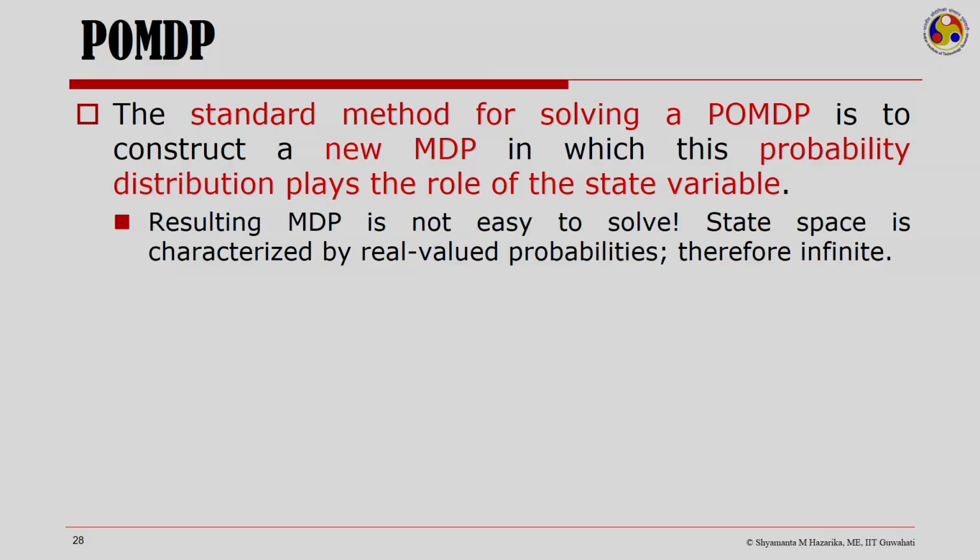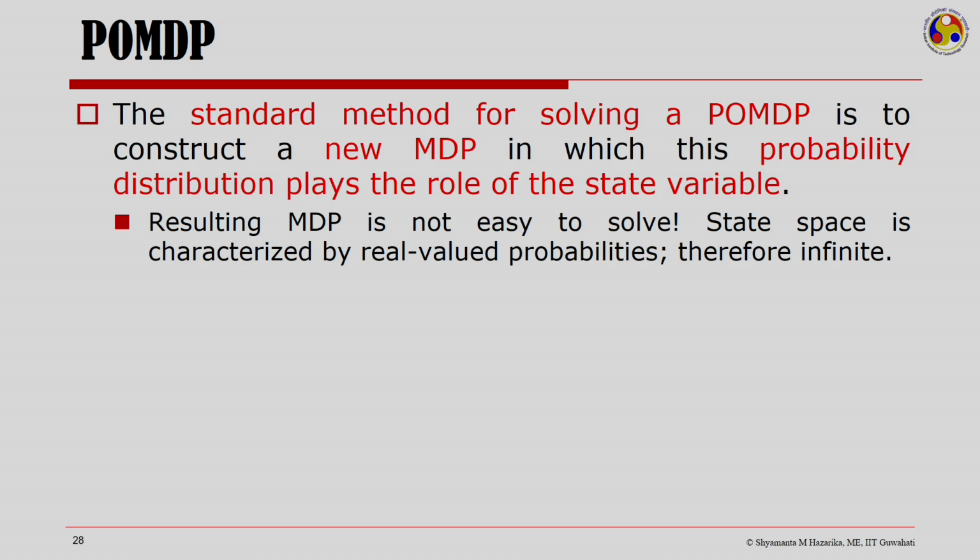Now, the standard method of solving a partially observable Markov decision problem is to construct a new Markov decision problem in which this probability distribution plays the role of the state variable. However, the resulting Markov decision problem is not easy to solve.